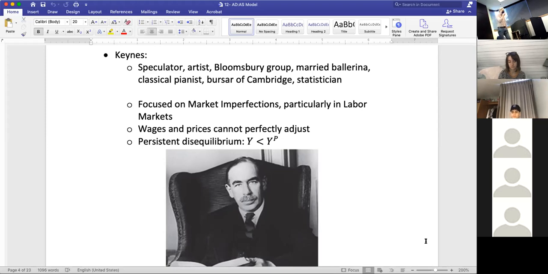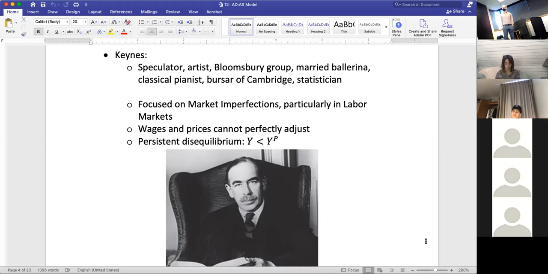Keynes's basic insight is that markets are not perfectly competitive. Markets don't always function well. And particularly, they don't function well during recessions, when fear and psychology begin to play a big role.